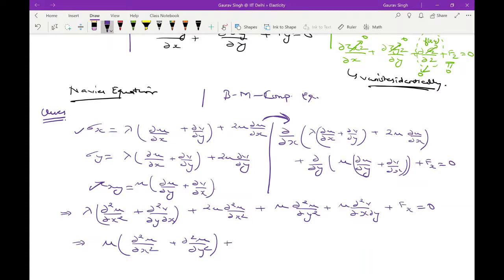And then you would have lambda plus mu, which you can take up, dou by dou x into the divergence.